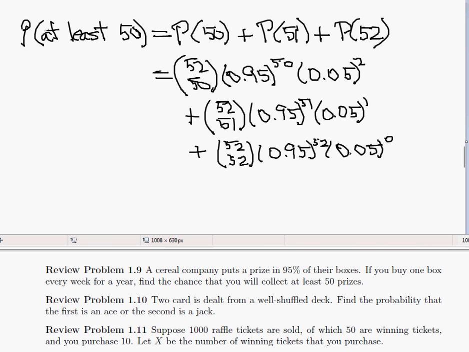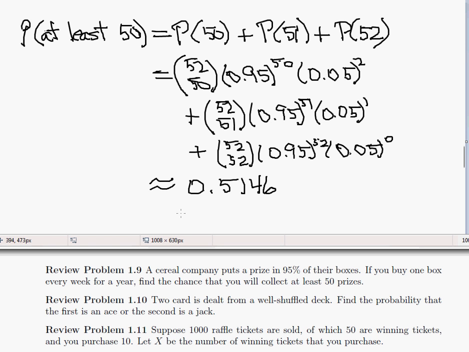So almost done here. And finally 0.95 to the 52nd power, and I get a chance of about 51%, so approximately 0.5146.